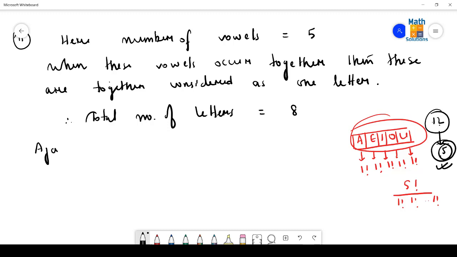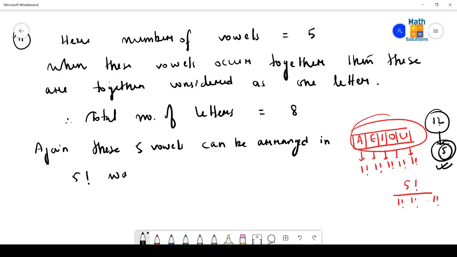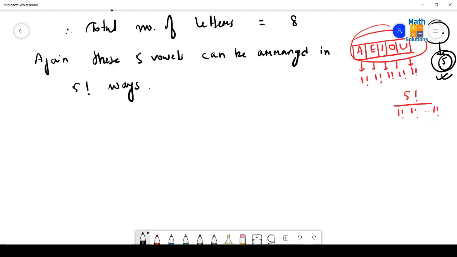So coming to this solution part again, we shall be getting, that is what I am going to write here. Again, these 5 vowels can be arranged in 5 factorial ways. So after this we need to find out total number of permutations. So here goes the result.